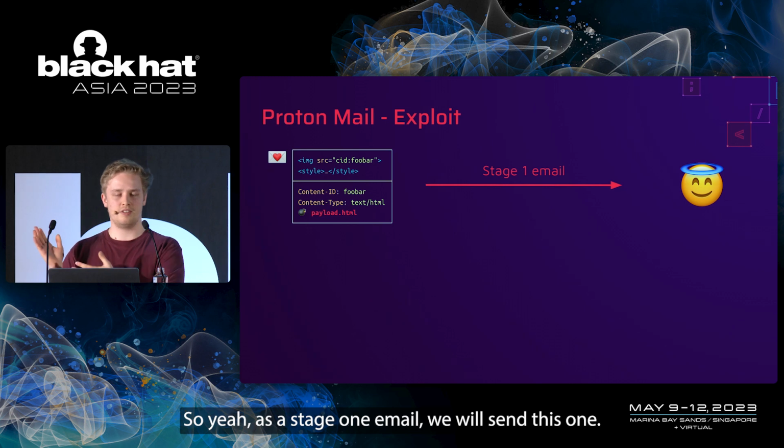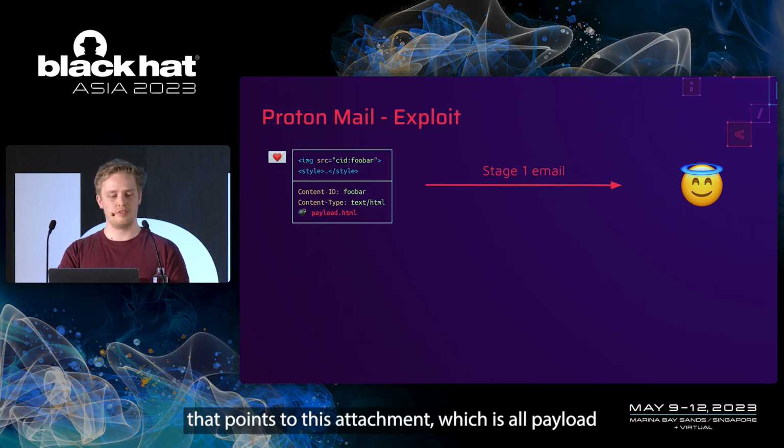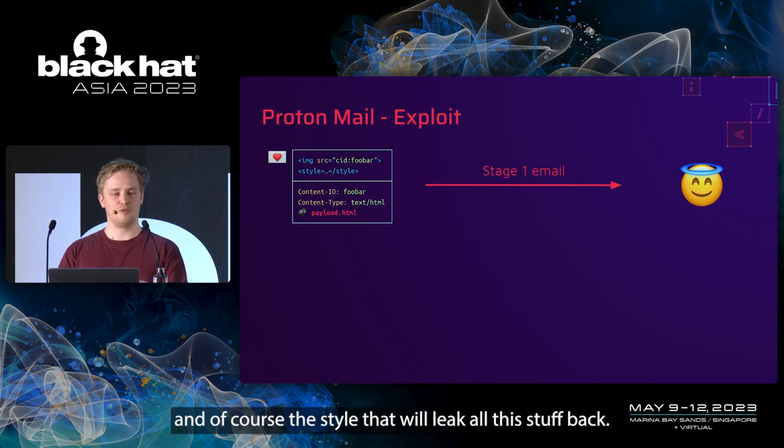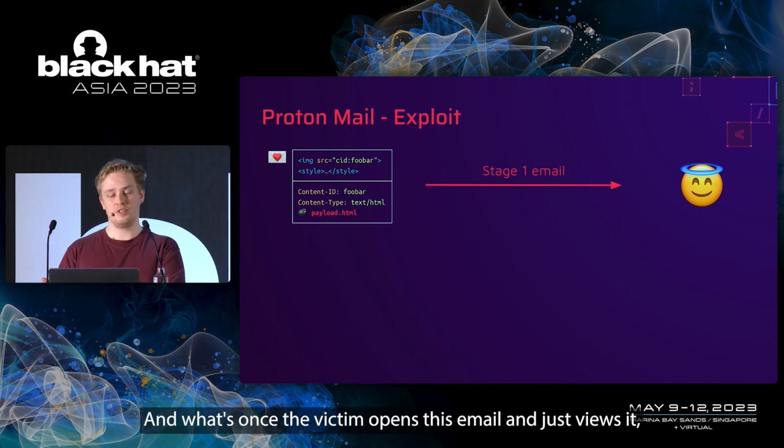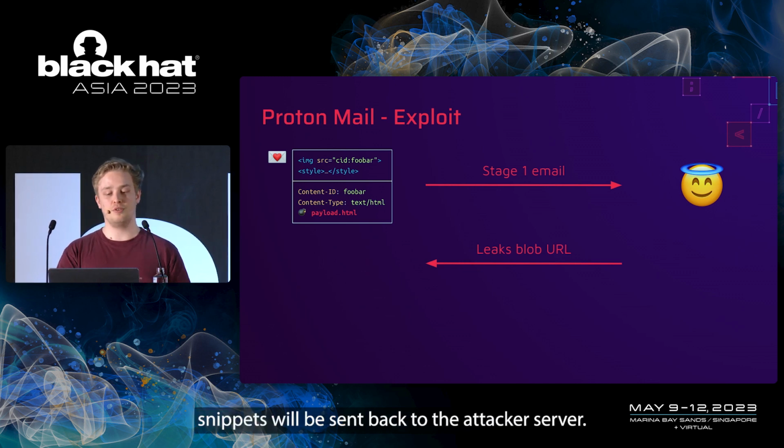As a stage 1 email, we will send this one. It has an image tag that points to this attachment, which is our payload, and of course the style that will leak all this stuff back. Once the victim opens this email and just views it, the browser will render it, and with the CSS leak technique that I just described, all the blob URL snippets will be sent back to the attacker server.